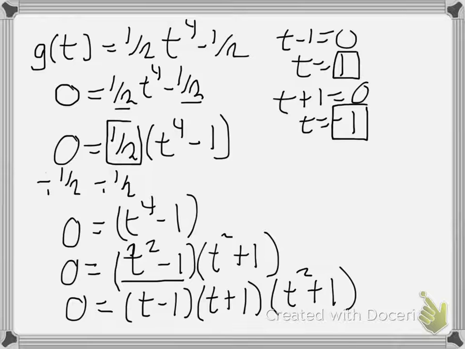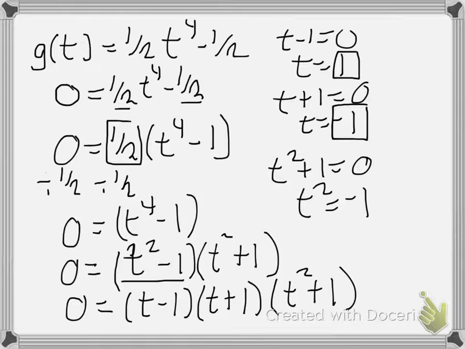Now, with these problems in particular, you can't find imaginary zeros, okay? Now you could try. I mean, you could set t squared plus 1 equal to 0, but then what would you have? You would have t squared is equal to -1, and then you're trying to take the square root of a negative number, which is an imaginary number.